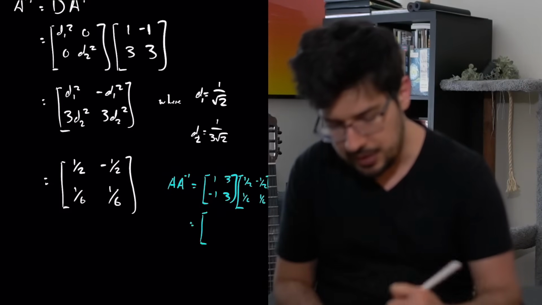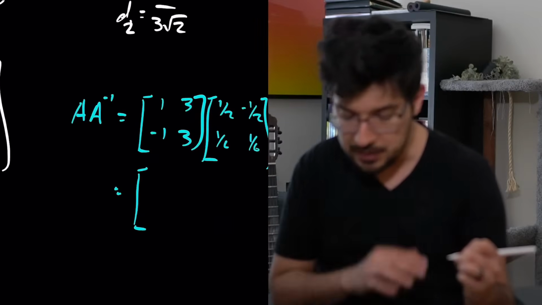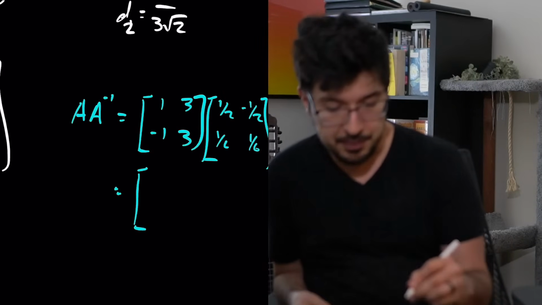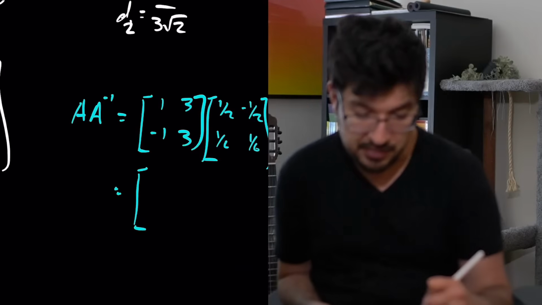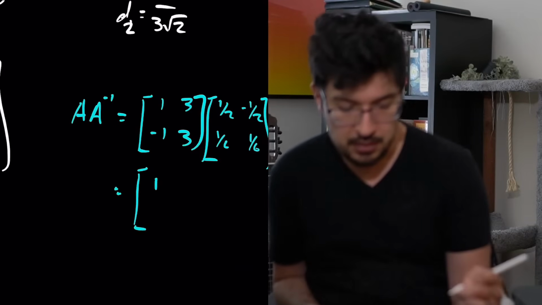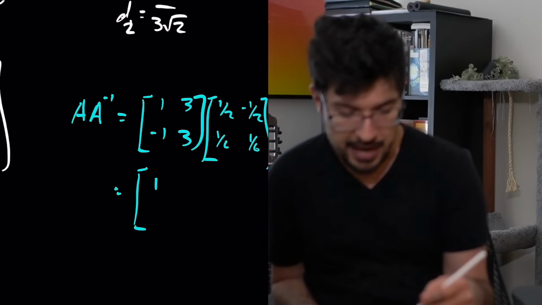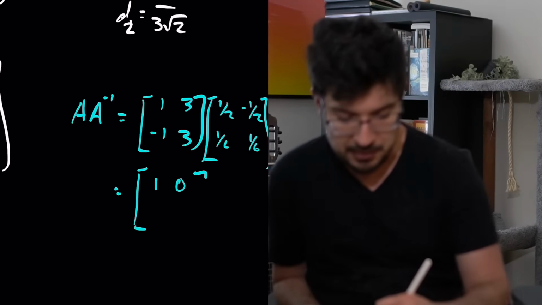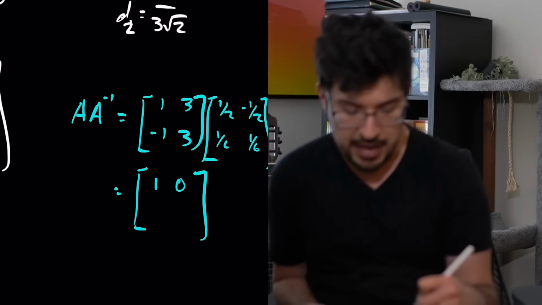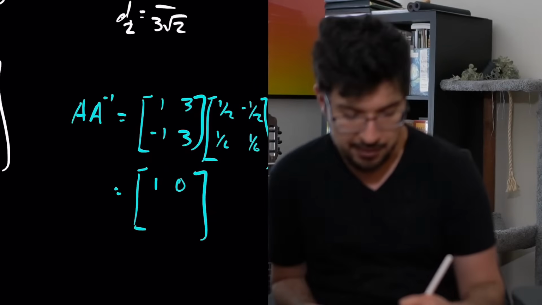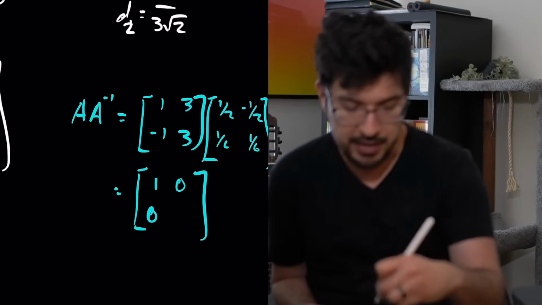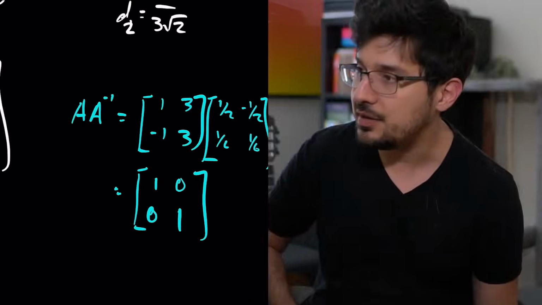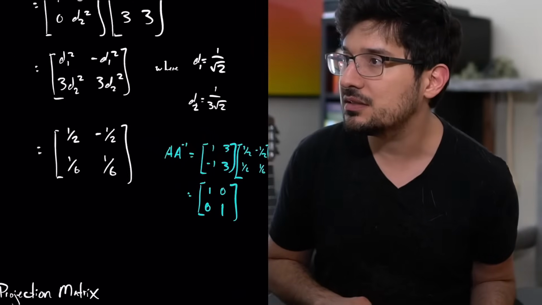Multiplying these together, we should get the identity matrix. So 1/2 plus 3/6 is 1. Negative 1/2 plus 1/2 is 0. Negative 1/2 plus 1/2 is 0. And 1/2 plus 1/2 is 1. Yeah, it worked.